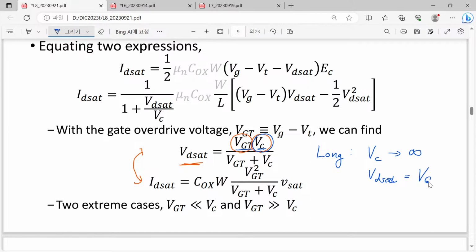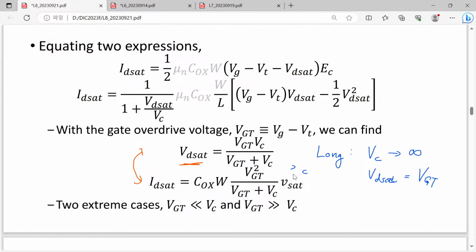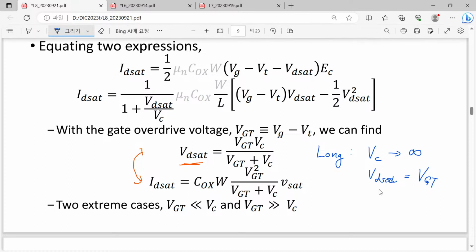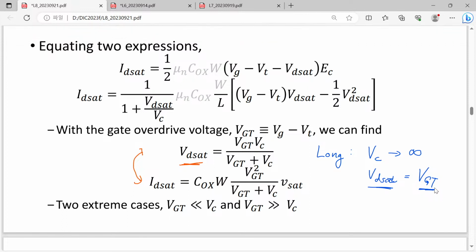Just the gate overdrive voltage, because this term goes to VC, and here we have VC, they are cancelled out, and the remaining thing is just the gate overdrive voltage. So from this we can understand that for a long channel device, the saturation voltage is still the gate overdrive voltage predicted by our previous simple long channel IV characteristics.